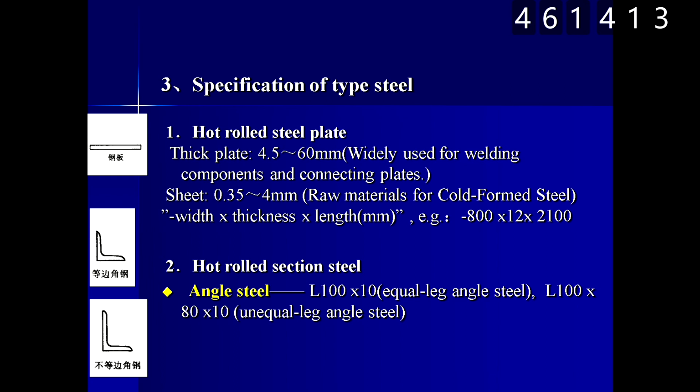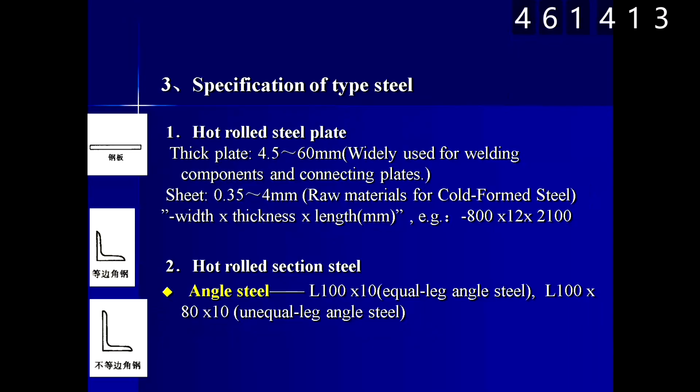This is L100×10. That means the two sides are equal. The two side lengths are 100, and the unit is millimeters. And the 10 is the thickness of each side.